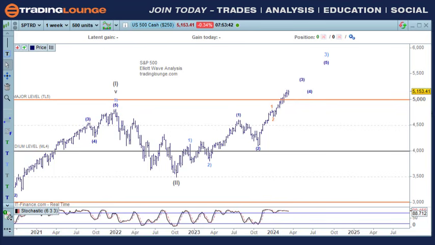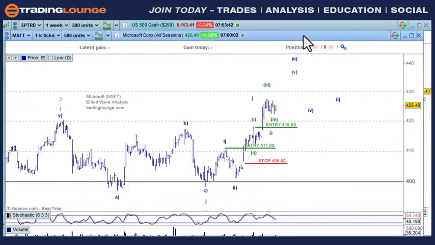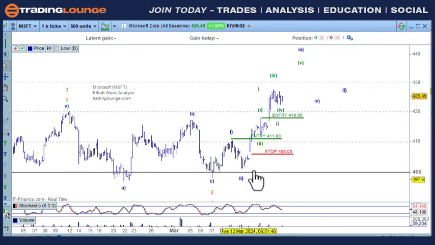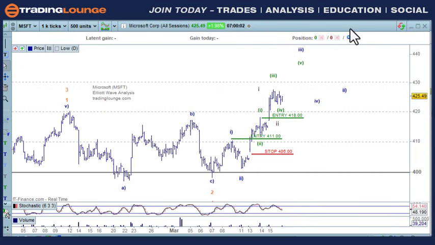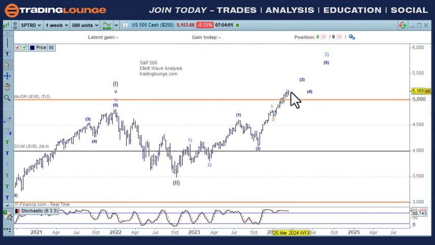But the Microsofts of the world in the AI, they're pushing up nicely here. The Googles are pushing up nicely as well. They'll take out these tops here. All of those stocks have got a fair way to move to the upside, so we could see the S&P continue to push up.